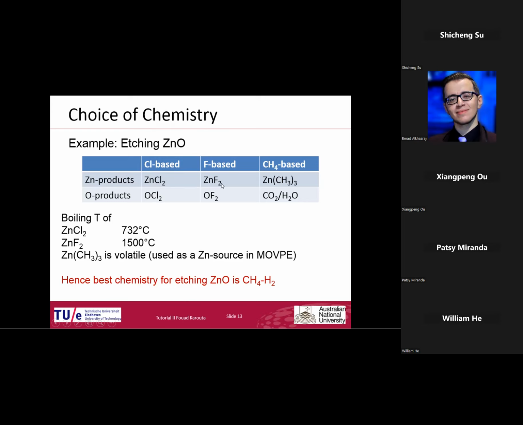Zinc difluoride is even worse, with a much higher boiling temperature. If you use methane, you get trimethyl zinc, which is volatile because it's basically used as a zinc source in metal organic vapor phase epitaxy. So then it's evident that for etching zinc oxide, the best chemistry will be methane hydrogen.